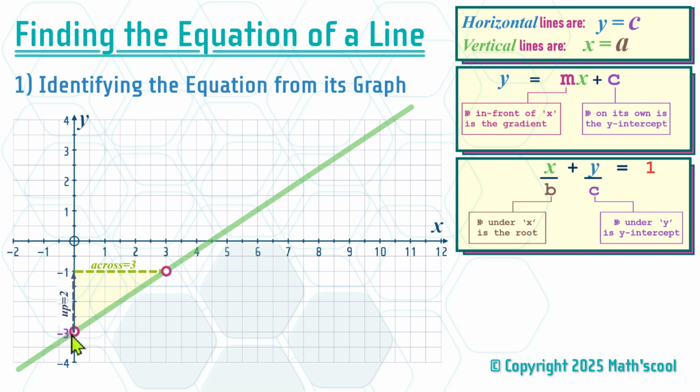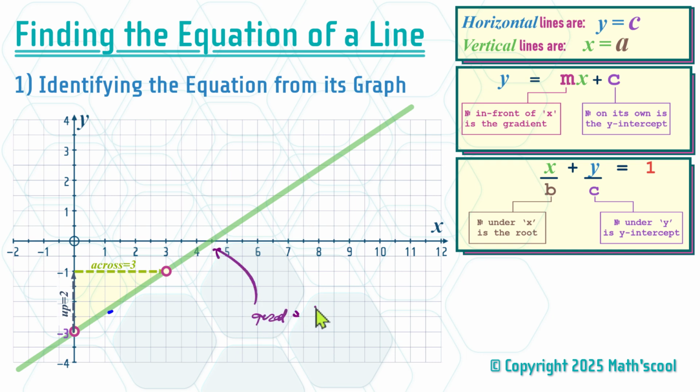Okay, on this line, I can see that the y-intercept is minus 3. And they've really nicely mapped out the next whole number point that it crosses through. So that's a whole number point. And then it's not crossing through any whole number points here, but then that's the next whole number point. That's the next integer coordinate point. And they've also told us that you go up 2 and across 3.